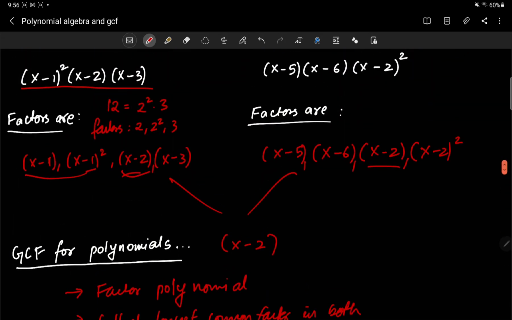So for example here, x minus 1, we don't collect that because there is no x minus 1 on the second one. X minus 2, you have a power 2 and a power 1, so we collect the lowest one, which is power 1. X minus 3 doesn't exist on the other one. Similarly, x minus 5 doesn't exist on the first, and x minus 6 doesn't exist on the first one.